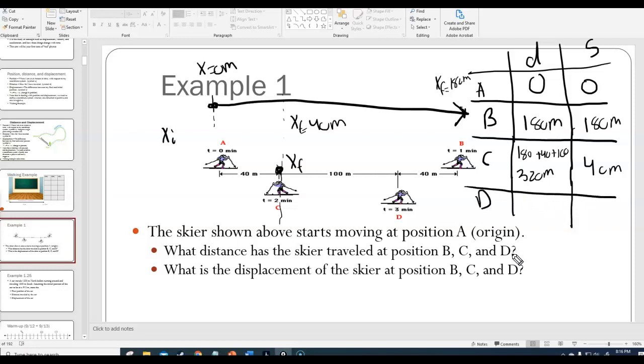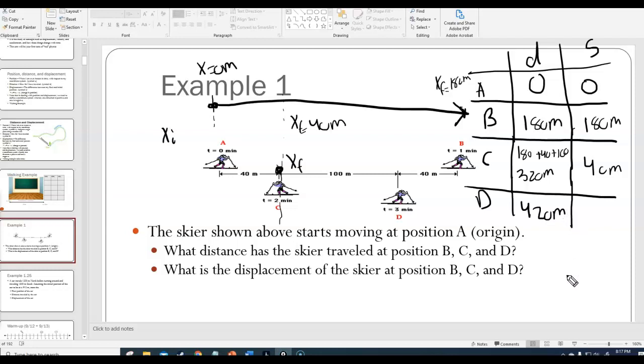Okay, now see if you can finish example 1. What would the distance and the displacement of the object be by the time they get to position D? Okay, in order to go from C to D, they have to travel forward another 100 meters. That's going to add 100 meters onto their previous distance, so that would be 420 meters as their distance.